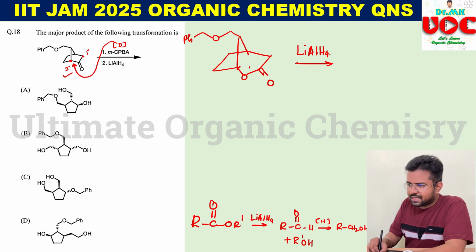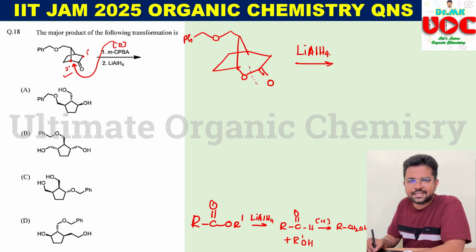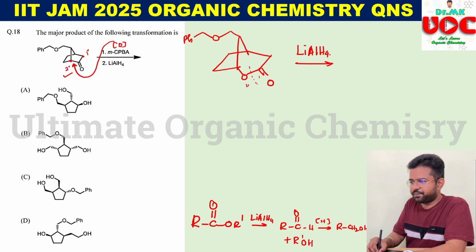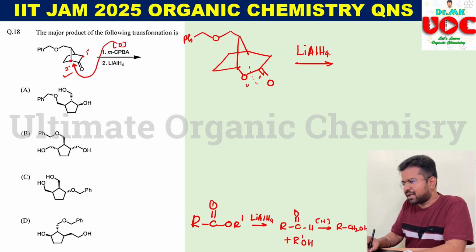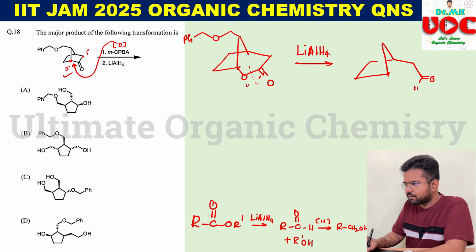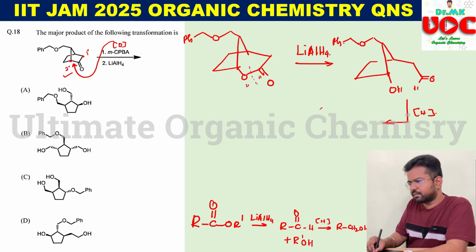If you do that reaction here, this is a lactone, that is a cyclic ester. So this is reduced into alcohol and aldehyde, and this aldehyde is further reduced into primary alcohol.